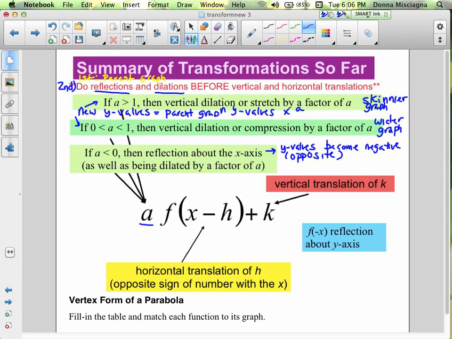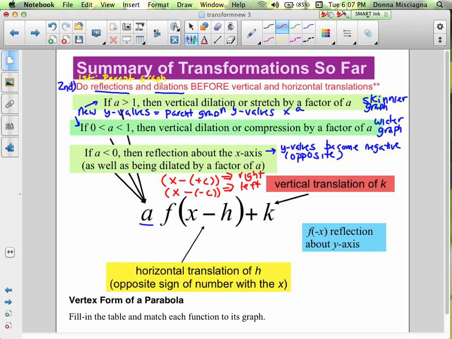So all of that top part goes to A. Our horizontal translation is what's added to X. And as a reminder, if we have X minus a positive C, then we're going to shift to the right. If we see plus, what that means is that we have X minus a negative C, and we're going to shift to the left.